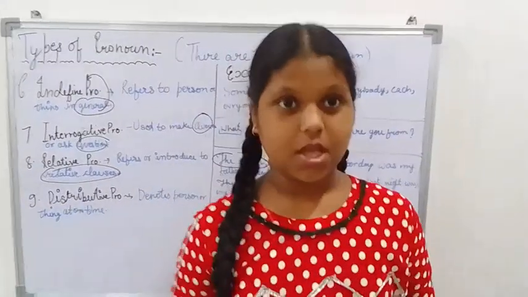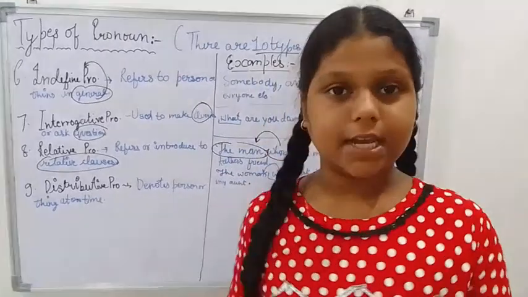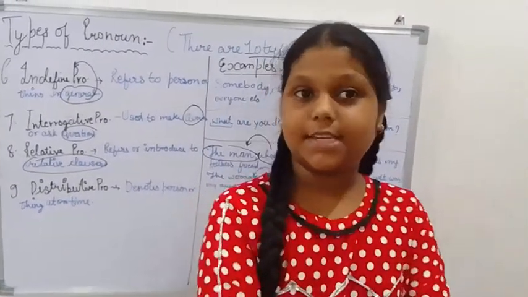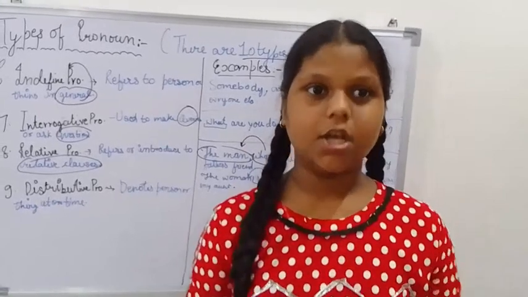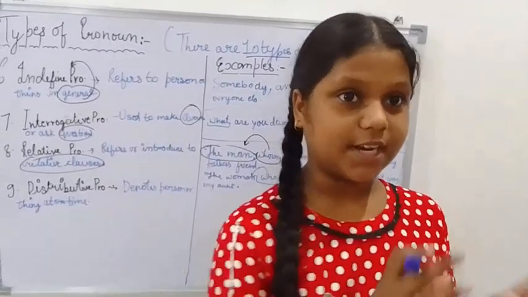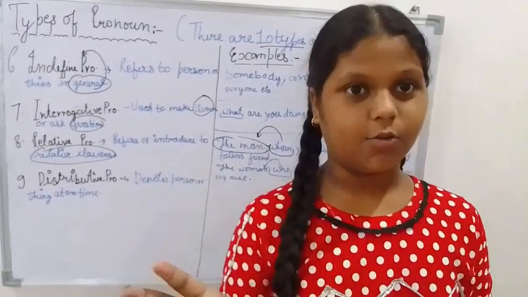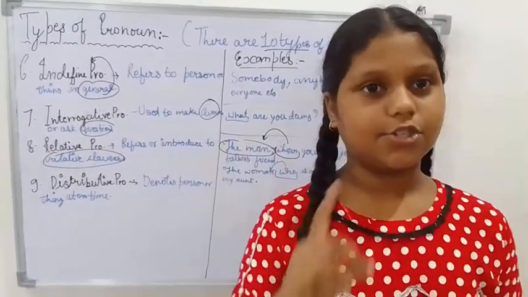What does it mean? Distributive means it denotes the person or a thing at one time. Like you want ice cream and you also want the sweets. So you discard the sweets and take the ice cream. This is how distributive pronoun works. It discards one and takes one. It refers just to one.